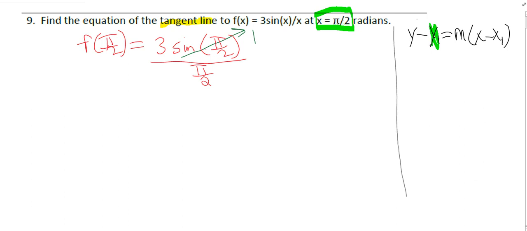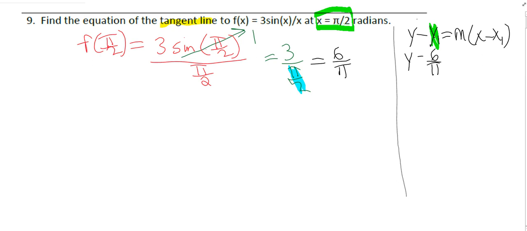And so we have 3 divided by pi over 2, and if we multiply by the reciprocal of the bottom part of this fraction, that's equal to 6 over pi. So that is our value for this, 6 over pi, and we can leave it just like this.